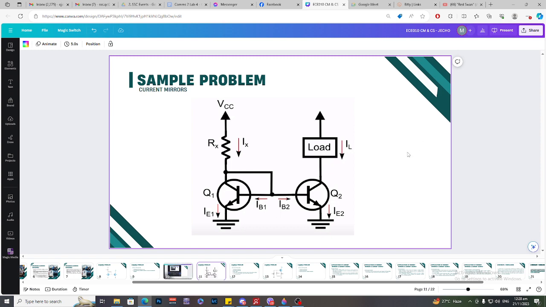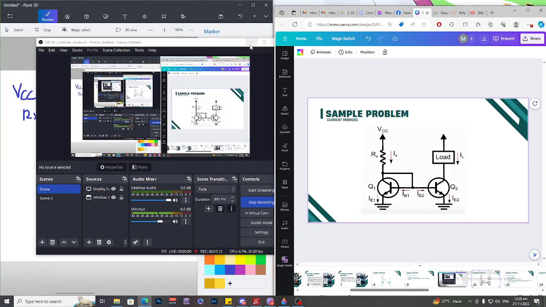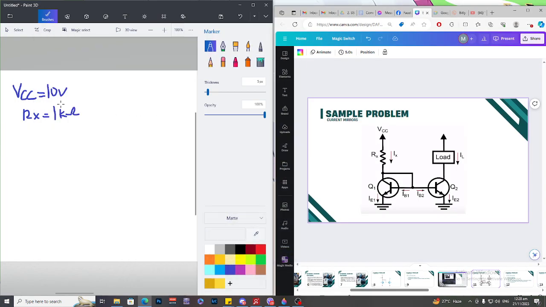In order to solve that, we are going to assume that the value of the VCC is 10 volts and the RX is 1 kilo ohms or 1000 ohms. Since we have the value of VCC and RX, the next step is to know the formula of IB.